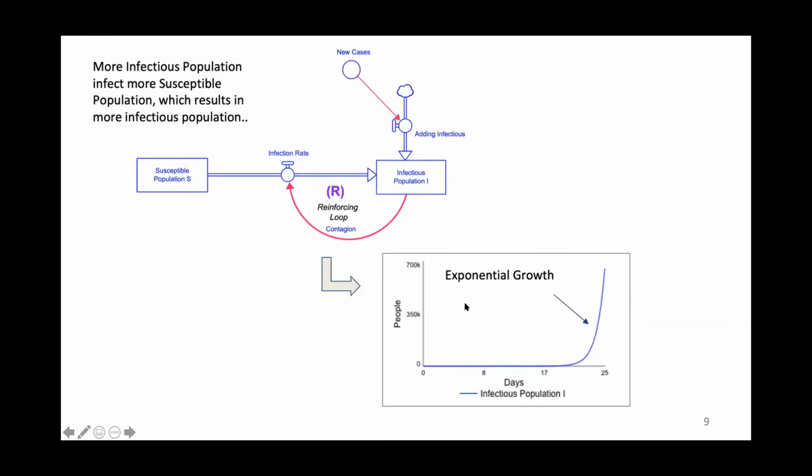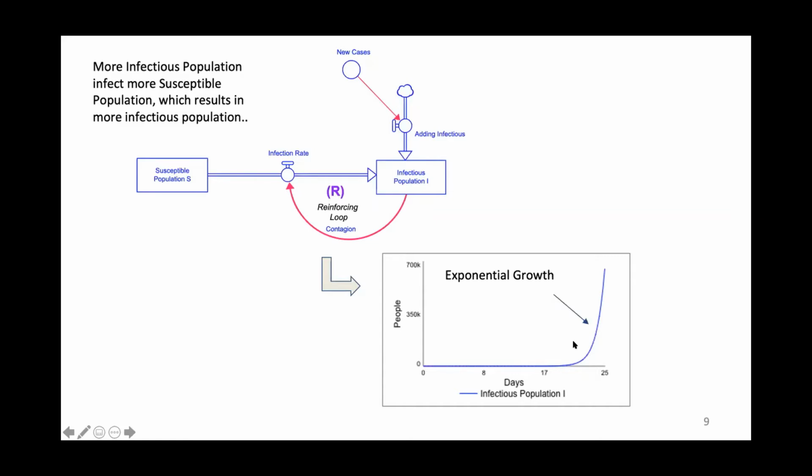This is exaggerated here just for the sake of presenting the model. But that's a result of what we call the contagion loop, the infectious population infecting the susceptible population. The more susceptible, the more infectious population, the more there is infection. And we have this contagion loop, or what we call a reinforcing loop.